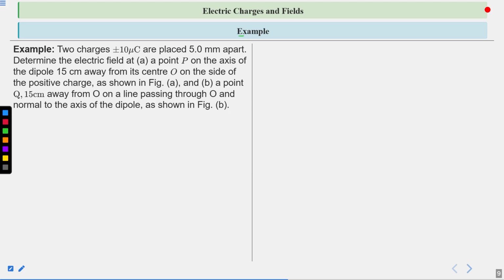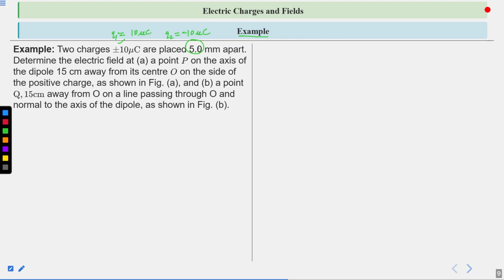Example: two charges of plus and minus 10 microcoulomb are placed 5.0 mm apart. The first one is 10 microcoulomb, the second one is minus 10 microcoulomb. Suppose Q1 is 10 microcoulomb and Q2 is minus 10 microcoulomb.